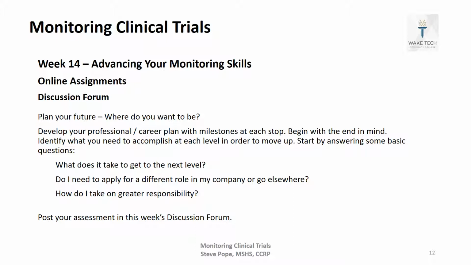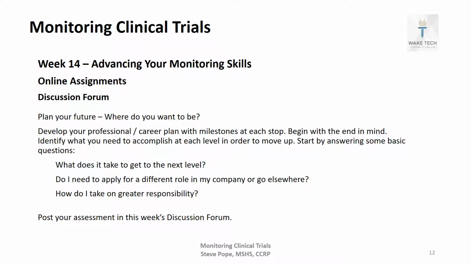Is that I want to be a CRA, I want to be a senior CRA with 8, 9, 10 years of experience in multiple therapeutic areas? Or, hey, I want to be a clinical team manager, or I want to be a project manager, and the monitoring role is one of the stepping stones along the way. Or I want to be a director, or I want to be a vice president.